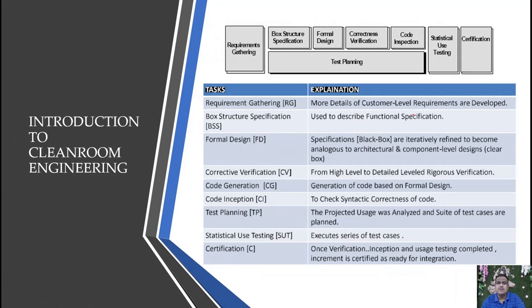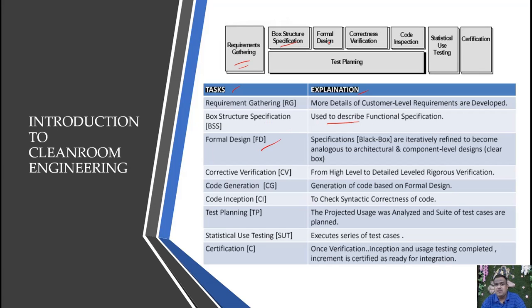Let's discuss some points and their explanation. These are the tasks and explanations. Requirement gathering, RG, stands for requirement gathering: more details of customer level requirements are developed here. Then BSS, box structure specification, is used to describe functional specifications.